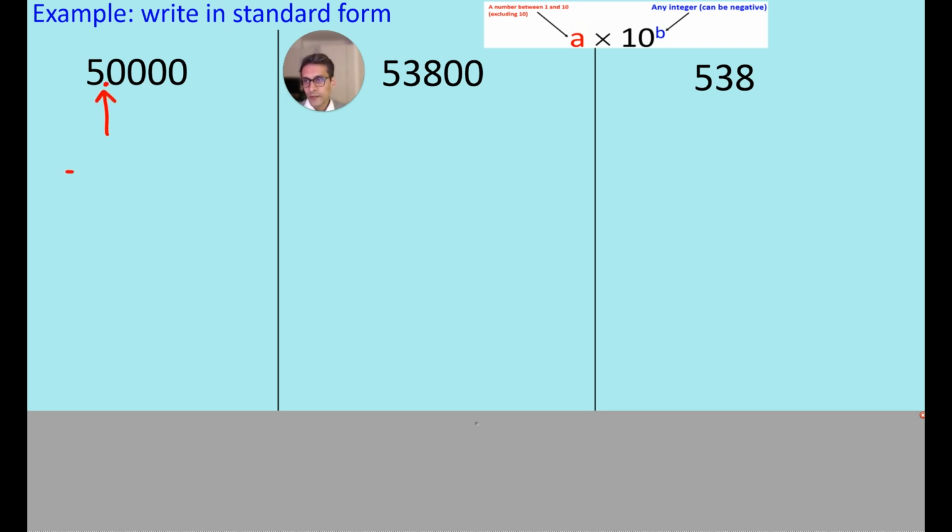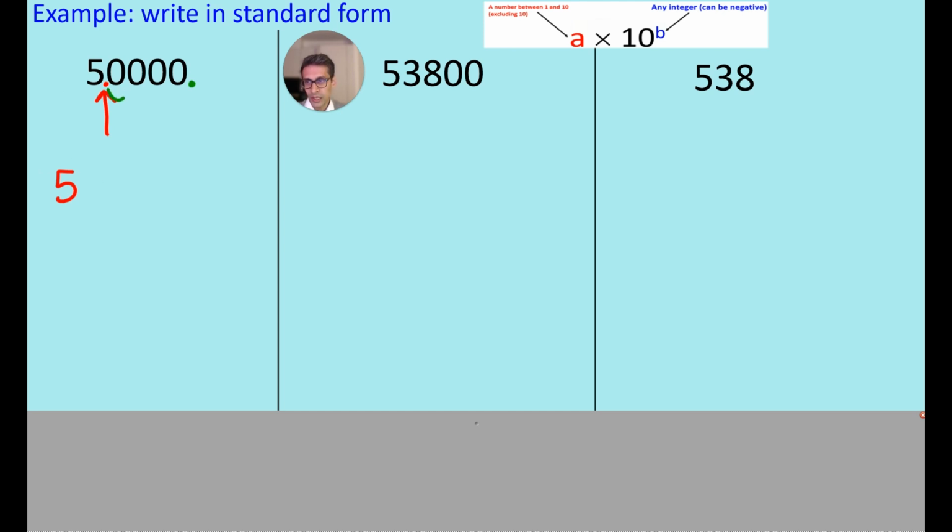So we get 5. Obviously 5 is not equal to 50,000. So what we need to say is where was the decimal? Originally the decimal was here. So we moved it to the left, but we now need to correct for this because 5 is not equal to 50,000.